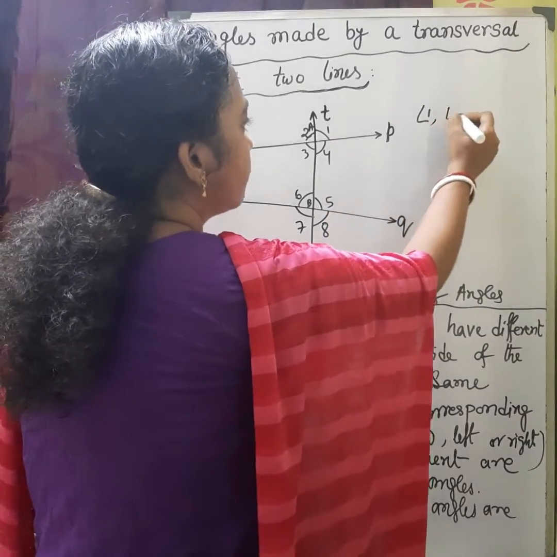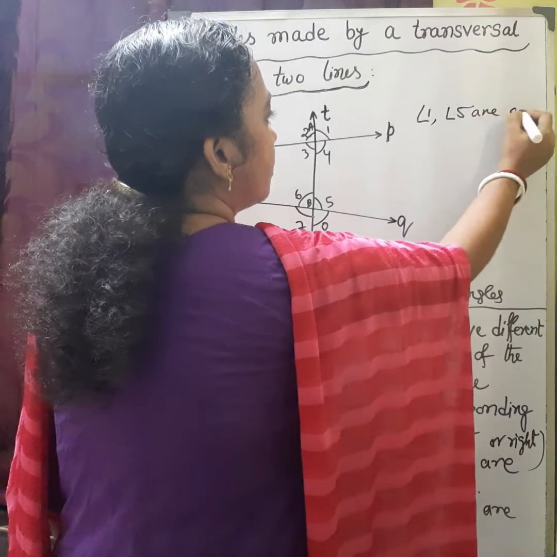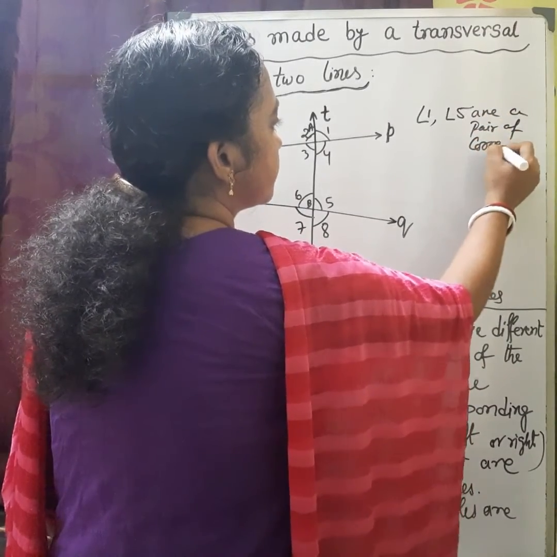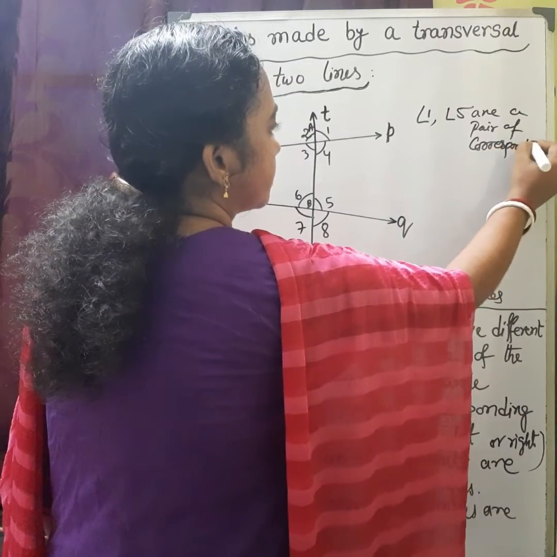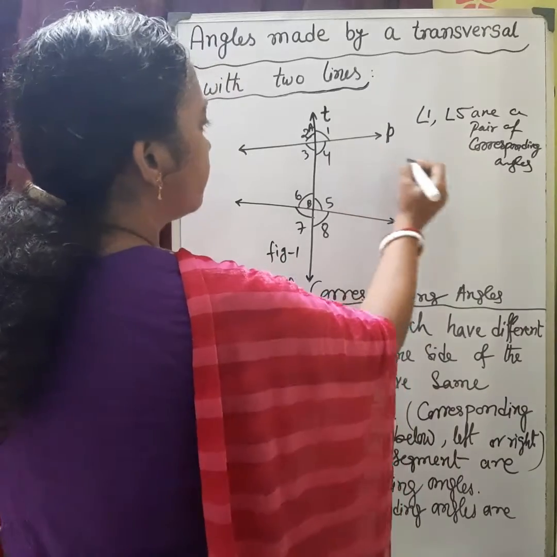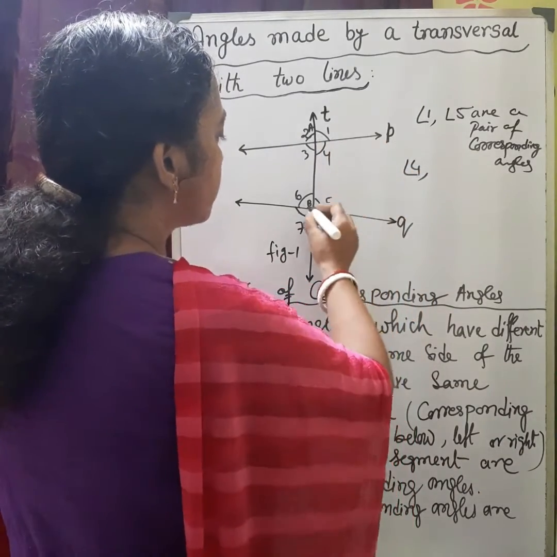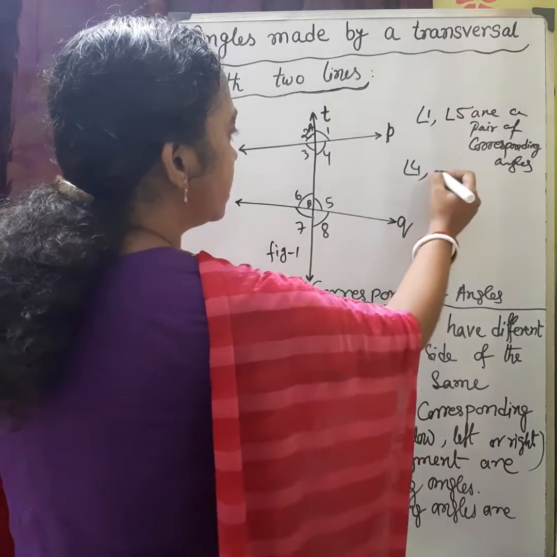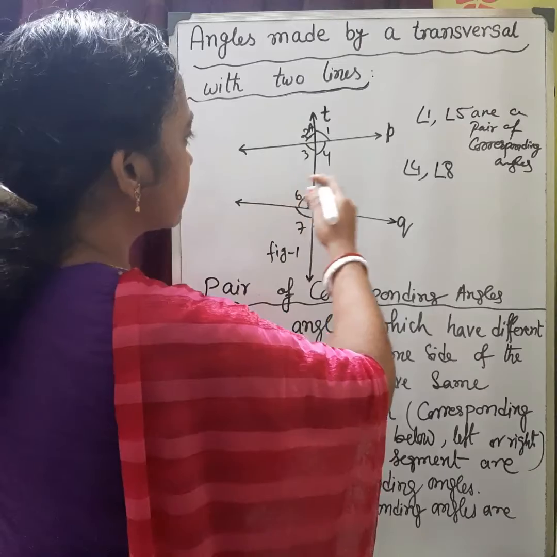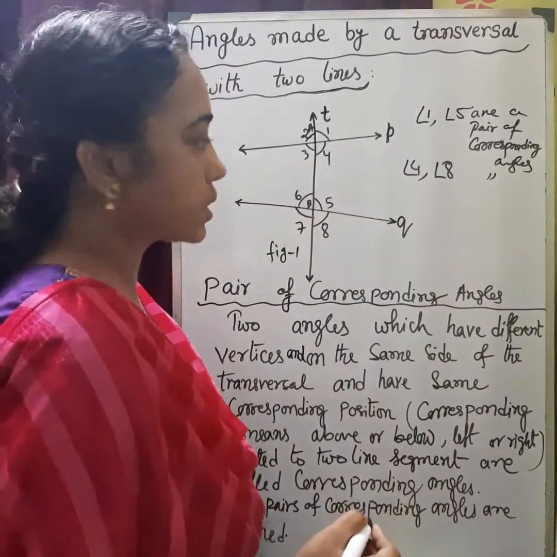So angle 1 and 5 are a pair of corresponding angles. Now let us consider angle 4, which is below the line P at point A. At point B, below the line Q will be angle 8. So this is another pair of corresponding angles.